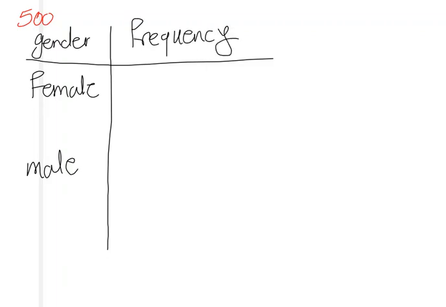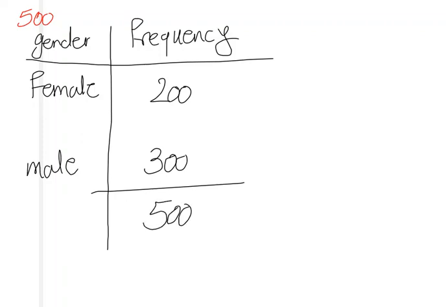Suppose that the frequency of females in this group is 200, for male is 300, so in total we have 500 observations.